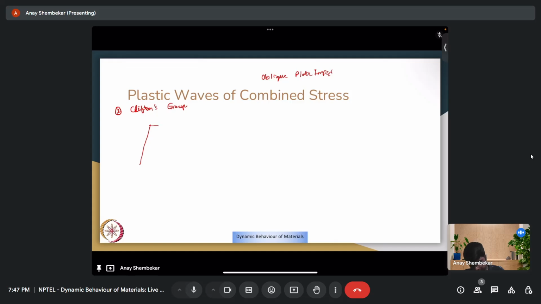Here you have a target, this is my impactor, this is my flyer plate.